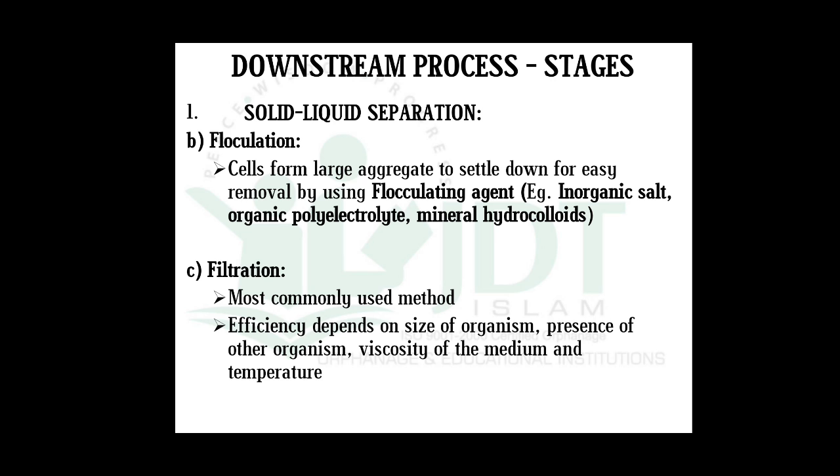By using flocculating agents, the cells form large aggregates which settle down, so they can be easily removed. The third method for solid liquid separation is filtration, which is the most commonly used method. Efficiency depends on the size of the organism, presence of other organisms, viscosity of the medium, and temperature.